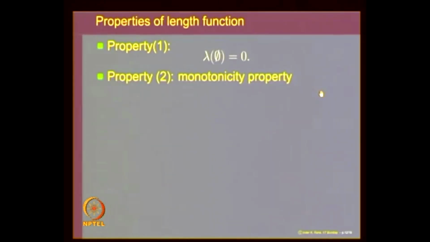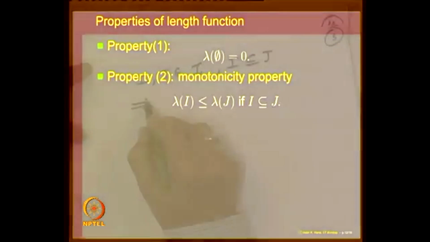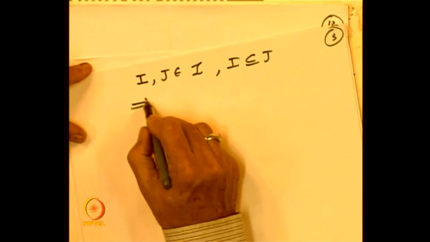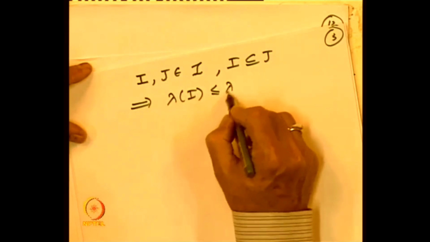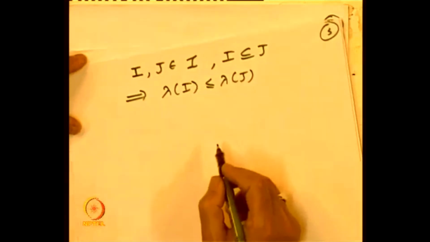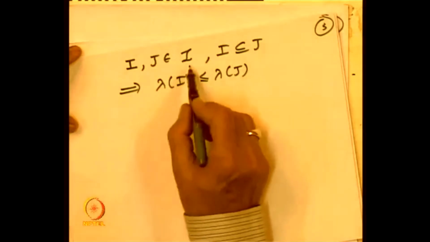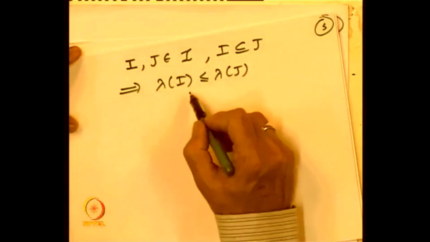Next, let us check that this is a monotone set function. Namely, the length of I is less than or equal to the length of J if I is a subset of J. To prove that, we want to check that whenever you have intervals I and J with I a subset of J, this should imply that the length of I is less than or equal to the length of J. Since the intervals are characterized by their endpoints, let us consider cases.